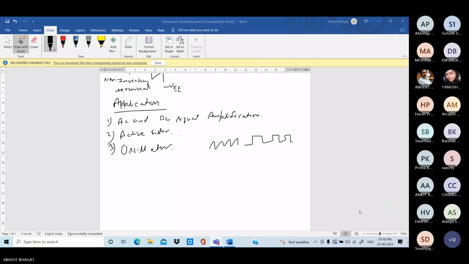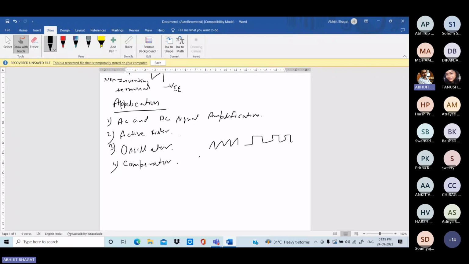Next is the comparator circuit. The op-amp is also used for designing the comparator circuit. So what is a comparator circuit? A comparator circuit is the type of circuit which can compare two voltages.